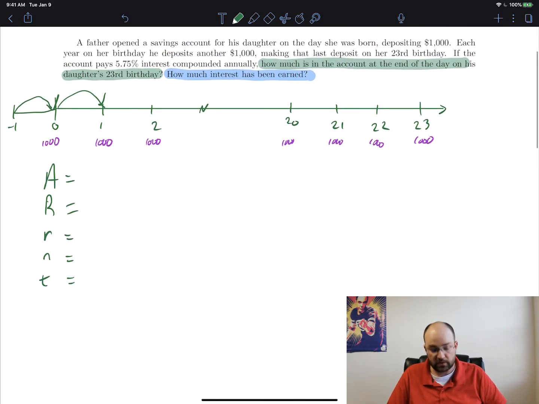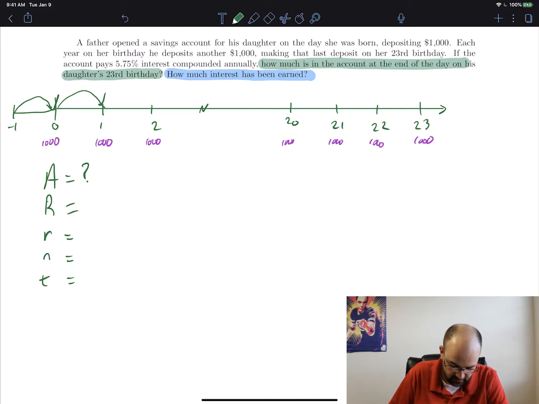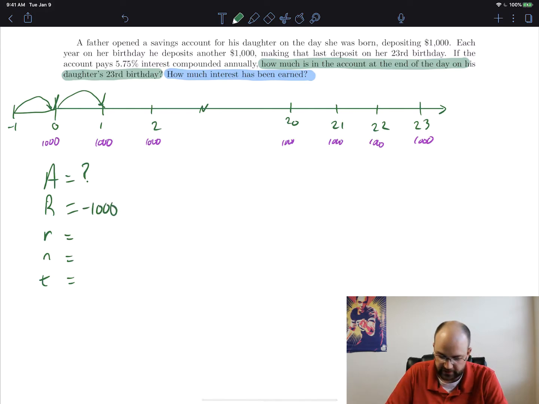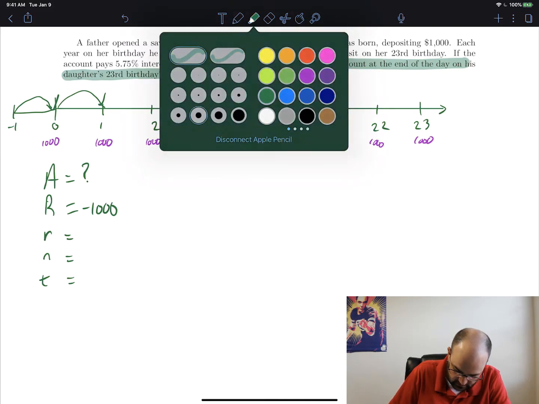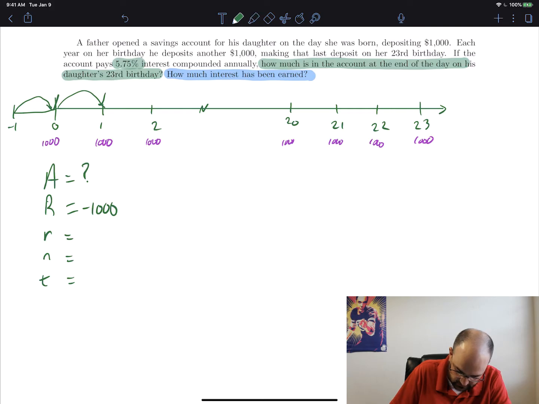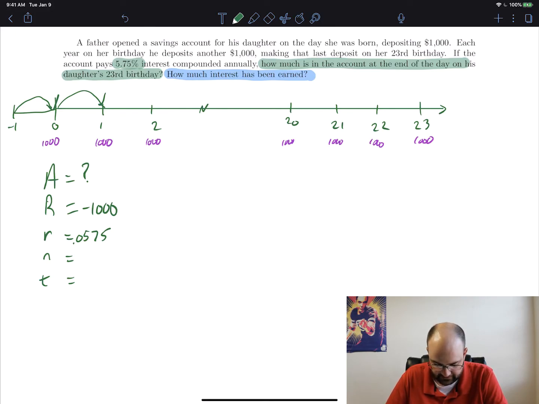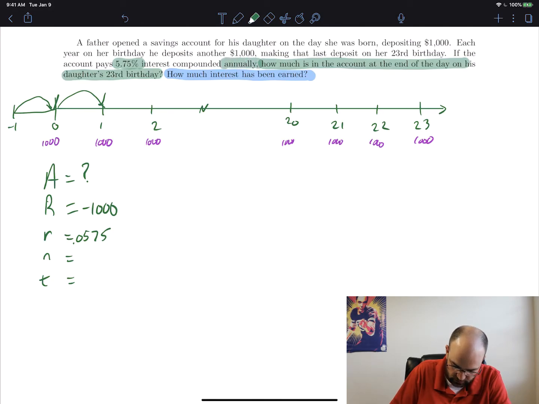Okay, so we don't know how much is in the account. That's what we want to figure out. Capital R is the revenue stream. Well, he's making $1,000 payments. Little r is the interest rate, and the interest rate is stated right there. It's 5.75, so 0.0575. N is the compounding, annually, which is just 1.